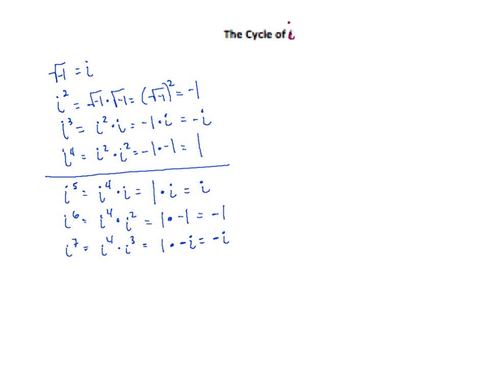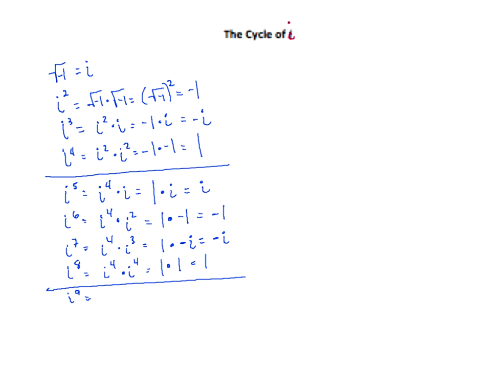We call this -i. i to the eighth is i to the fourth times i to the fourth, which is 1 times 1, or 1.